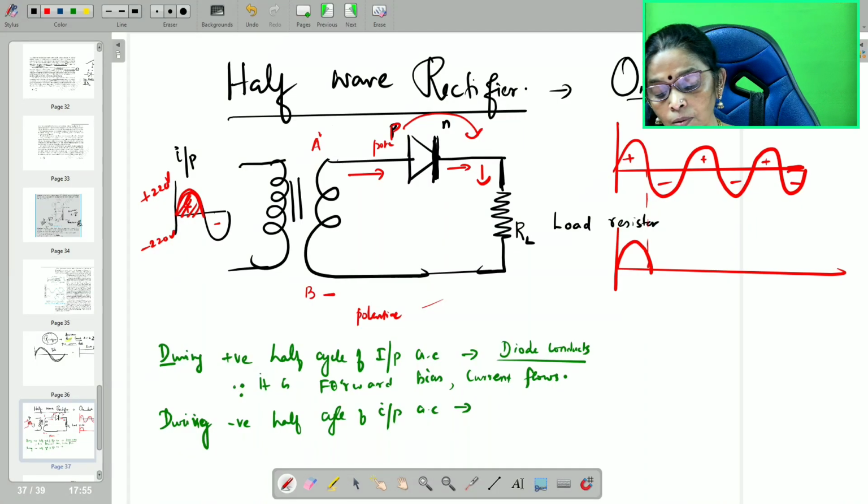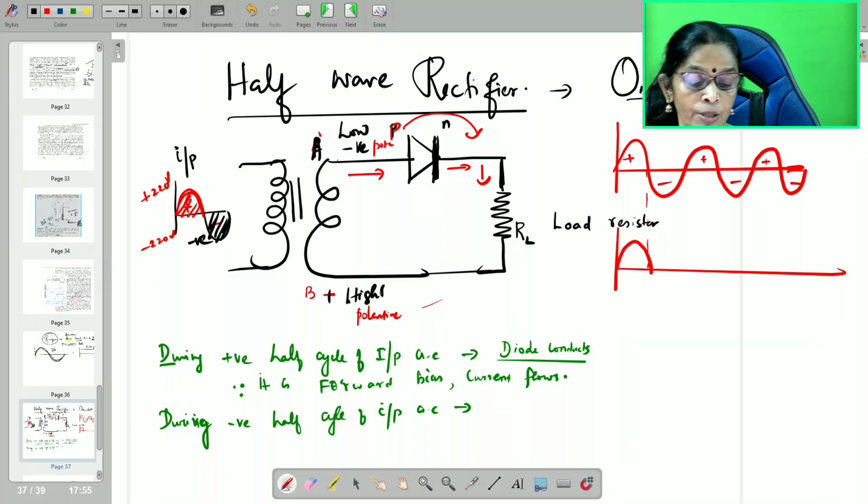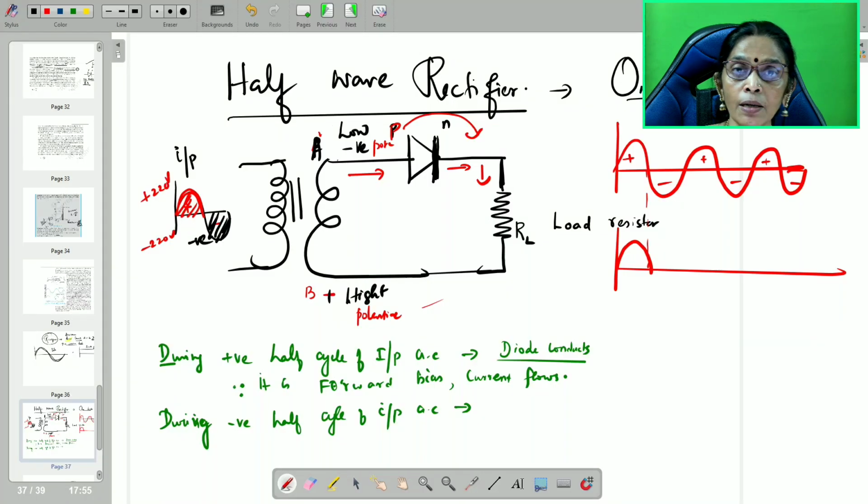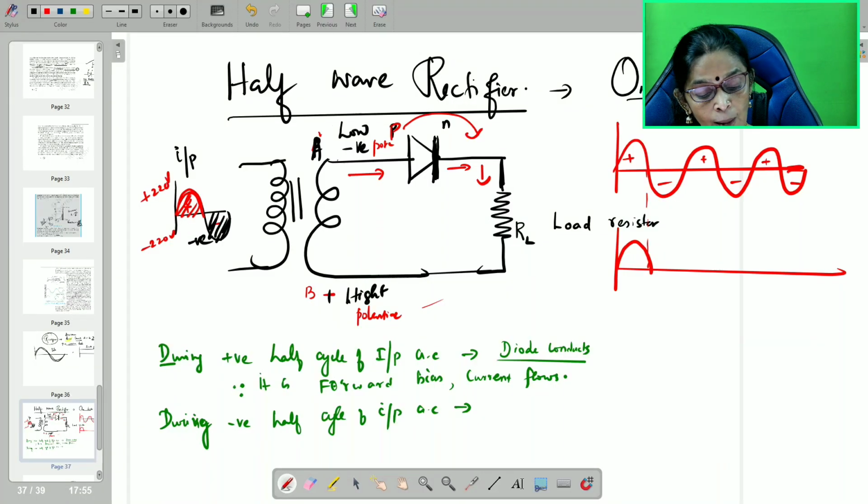So during the negative half cycle, A is at negative potential, that is low potential, and B is at positive potential, that is high potential. Now you tell me, does it conduct? What bias is it? Reverse bias.